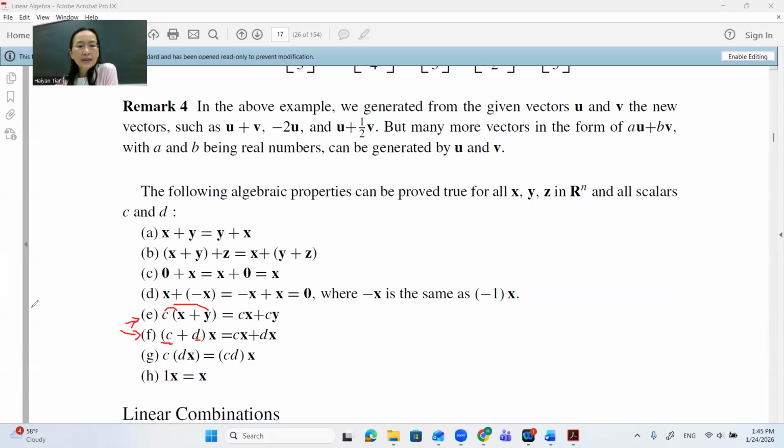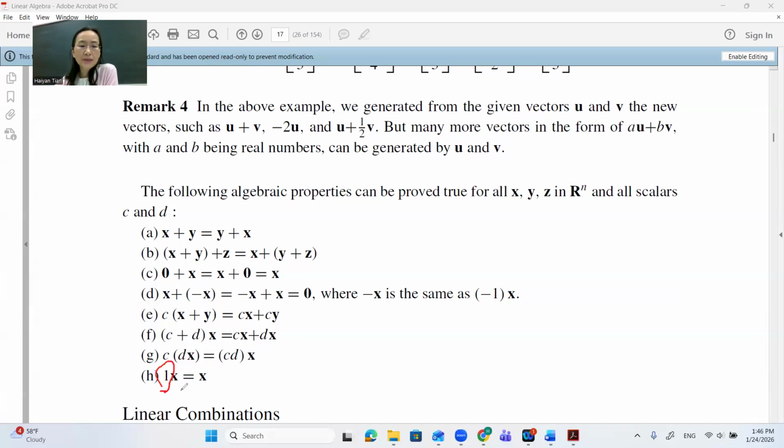And then if you have c times d, well, you can really multiply the two numbers and then apply the product as a scalar multiple of x. And there's a very special scalar multiple, which is 1.